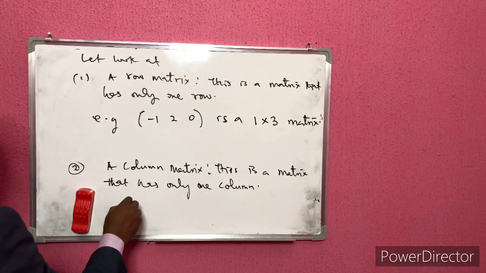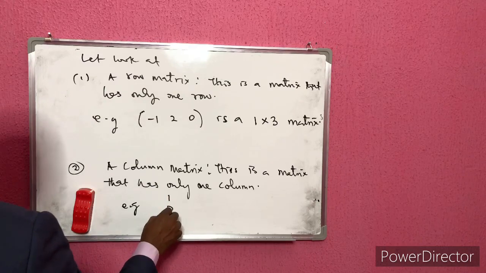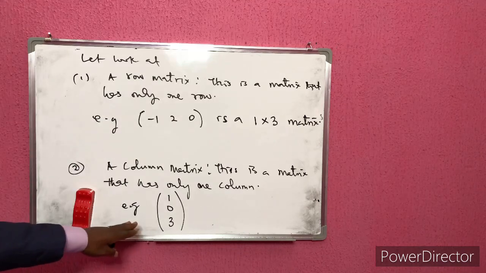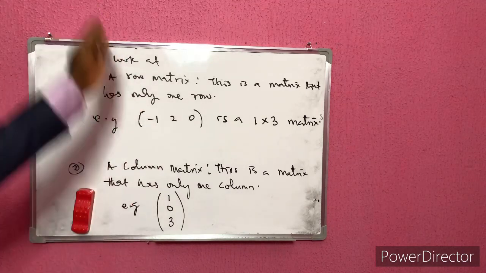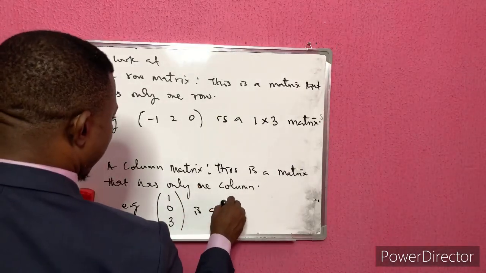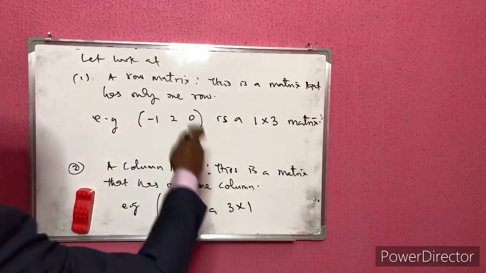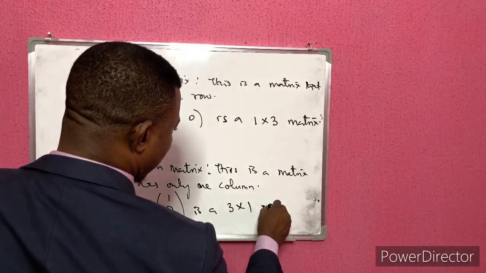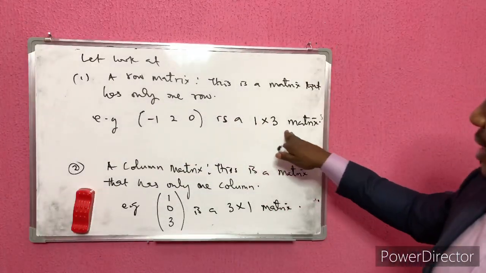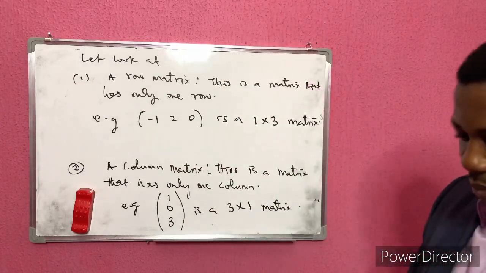An example of it is, let's say, 1, 0, 3. This is an example of a column matrix. See, it has only one column, but 3 rows. So in naming it is a 3 by 1. 1, 2, 3. 3 rows, 1 column matrix. So the order is 3 by 1. This is 1 by 3. A column matrix has 1 column. A row matrix has only 1 row.